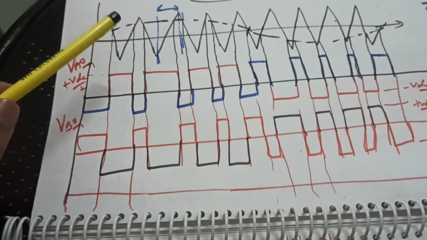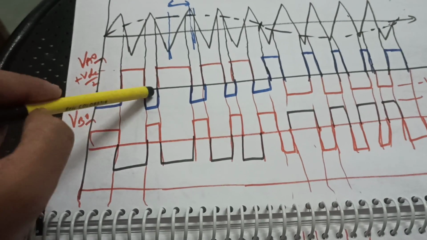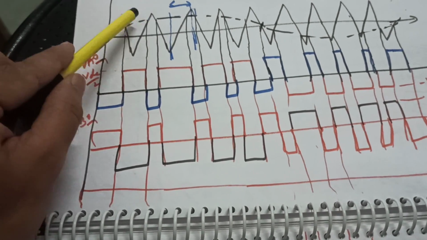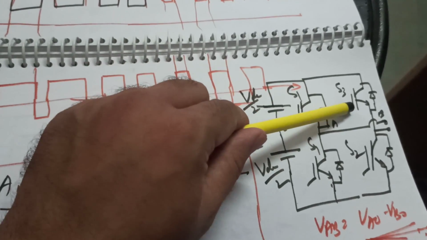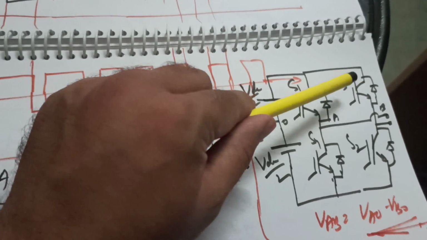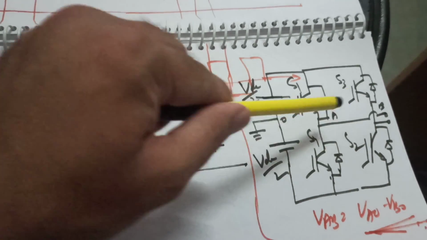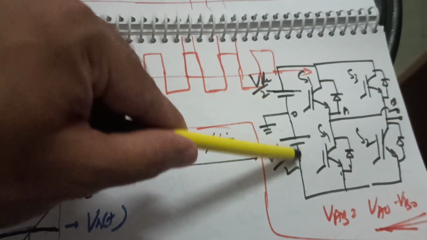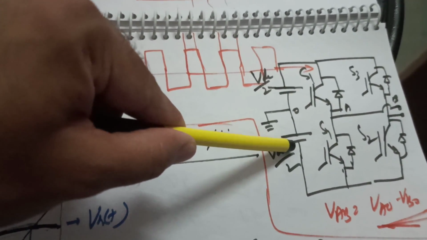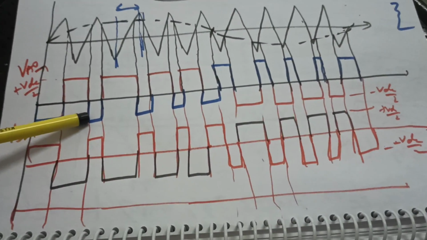Now, in the next part of the duty cycle, when the triangular is greater than the sine wave, we can easily say that S3 and S4 will conduct. So A gets connected to the negative of VDC by 2 through S4. So VA0 will go to minus VDC by 2. I think this is clear.